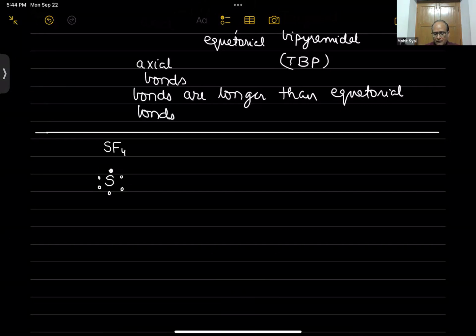Okay, sir. So if you have 6 electrons and 4 of them are used in making bonds with fluorine atoms, and you are left with one lone pair, how many regions of electron density are there in the single bonds and the lone pair?